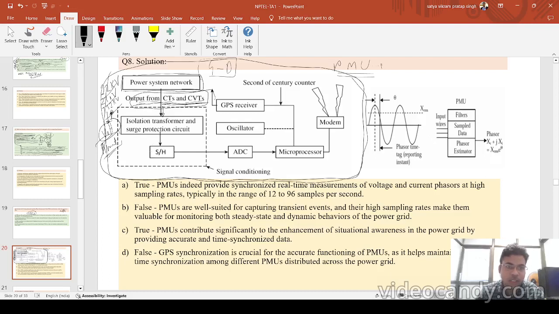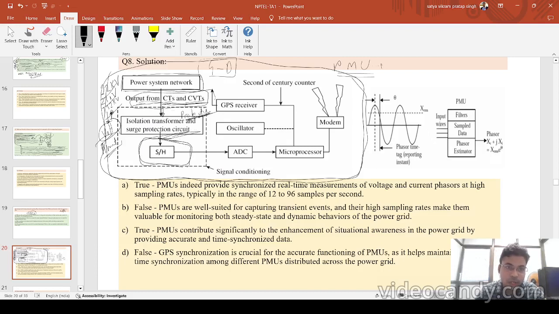Then you have an isolation transformer and a surge protection circuit. Surge protection, you need the protection device everywhere in the network. But why? Because you have to protect yourself also, you have to protect the healthy part of the system also. Then you have a sample and hold circuit. Sample and hold circuit, what do you mean by this?